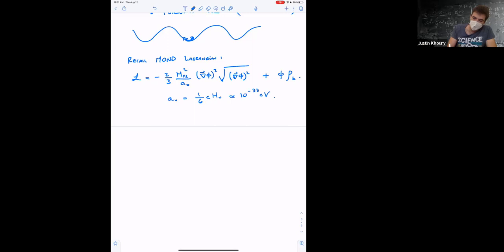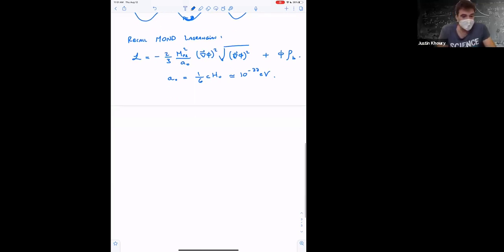Okay. So as we discussed, in this Mond interpretation, initially, this phi field is to be thought of as some fundamental field that mediates a scalar force on top of gravity. And in particular, in that case, you have to swallow or contend with the fact that the kinetic term, the gradient term for this field, is highly unusual with this non-analytic power.